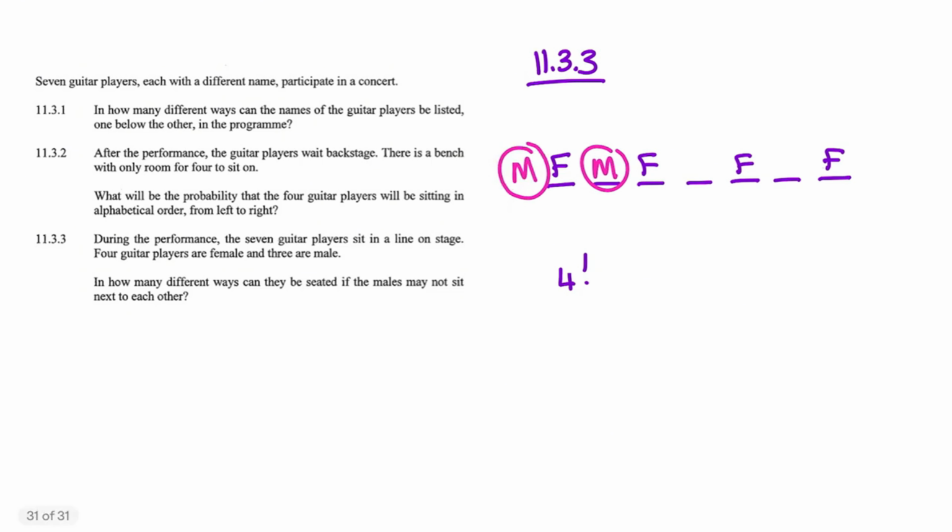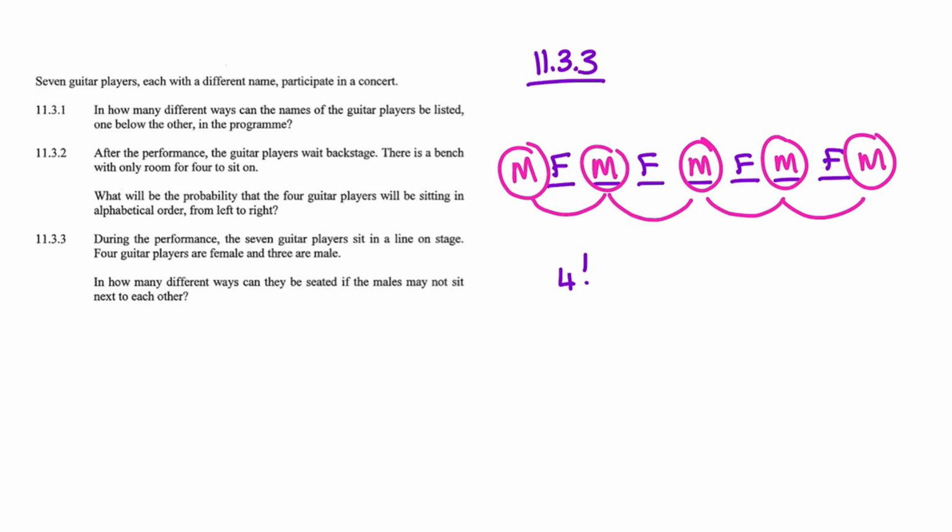Or a male could be in the third seat and not in the first two possible seats, or in the fourth or sixth seat. Or if I don't have a male that I start with, I can end the line with a male. So if I take this male away, that's another type of combination that I can have. So what you see here is that there are 5 different types of groups in which males can be seated.